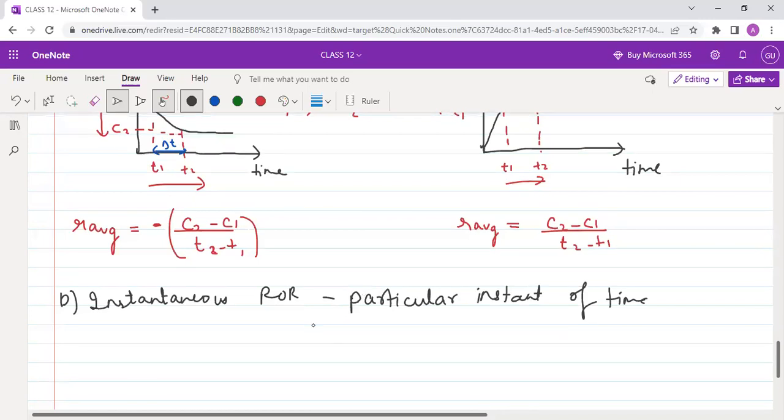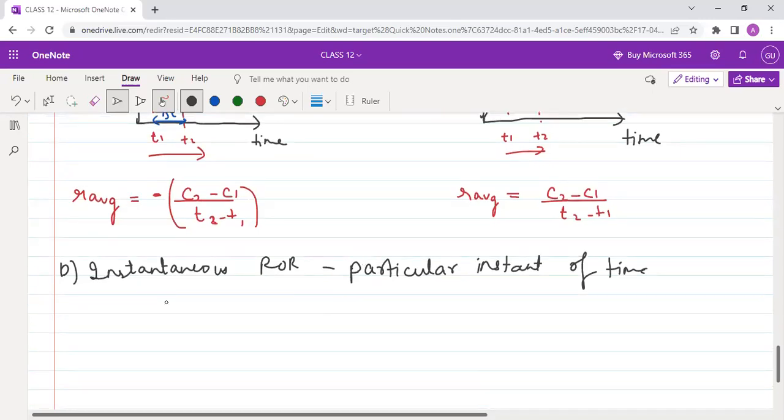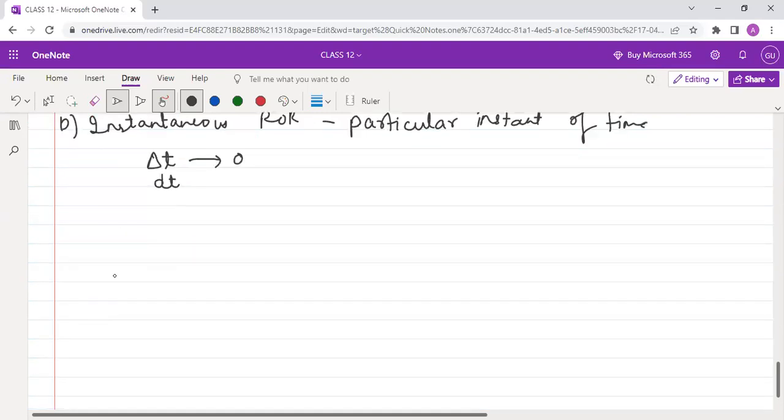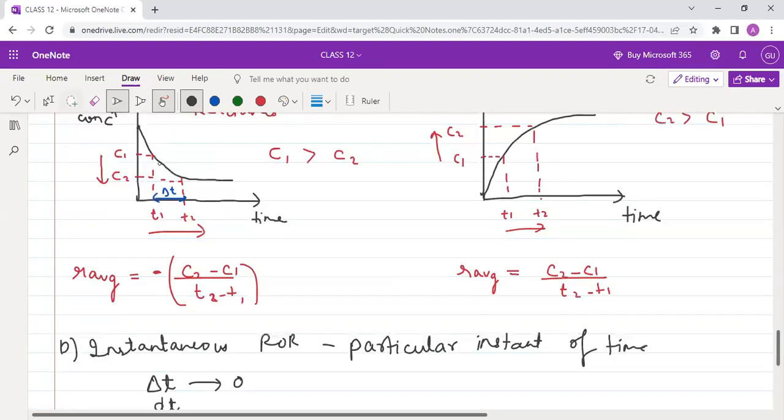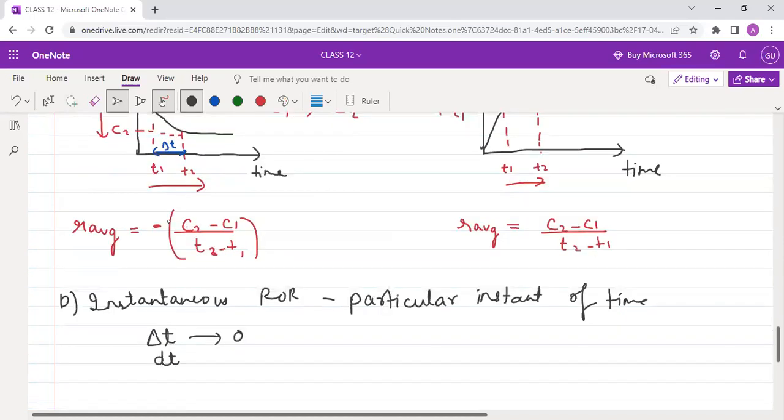And you know that whenever there is a change in quantity, like suppose the change in time tends to 0, that means it approaches 0, then delta t will get converted into dt. Okay. Yes, ma'am.